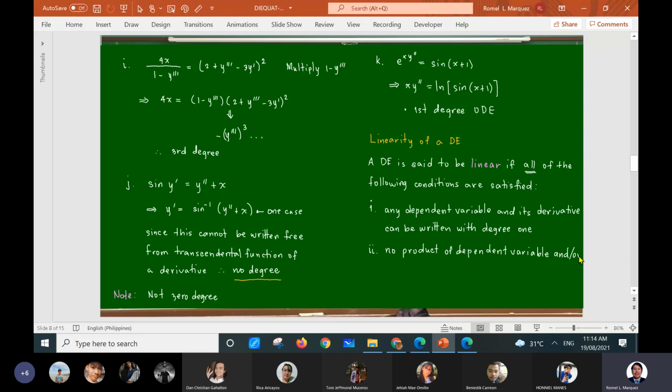What does it mean? No product of the dependent variable and its derivative, or of derivatives, on any side of the equation. Is that clear, guys?